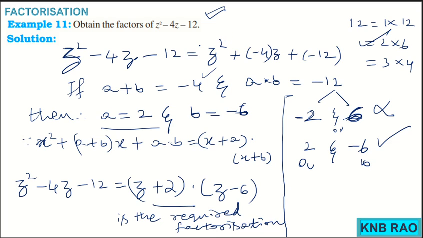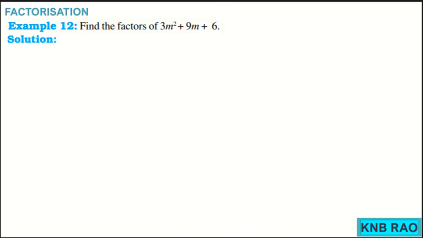Now let us get into another example, number 12. Children, in this example number 12, watch 3m square plus 9m plus 6. By looking at this, you may get confused that it cannot be factorized. But can I write it by taking 3 as common out first?